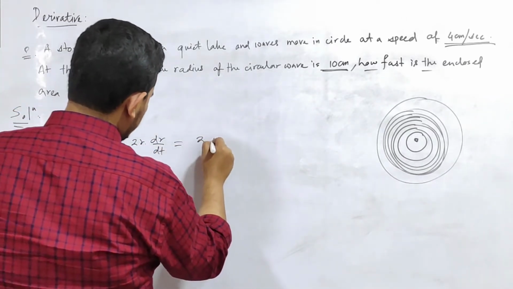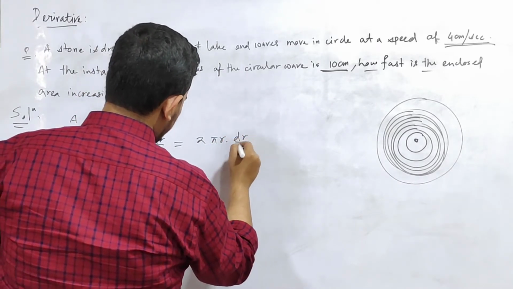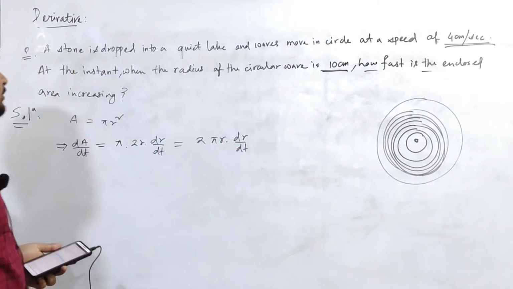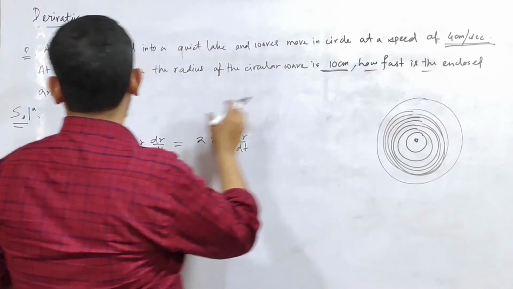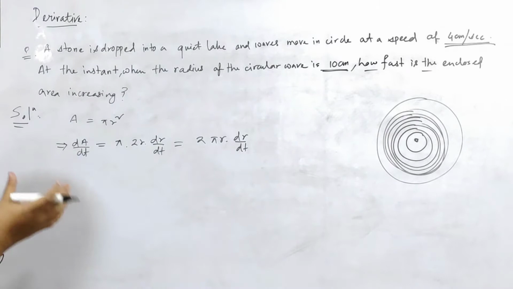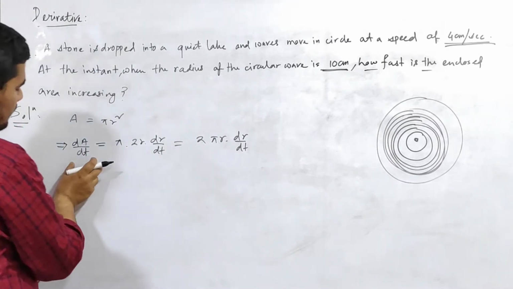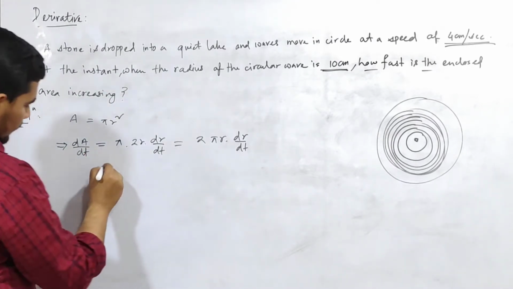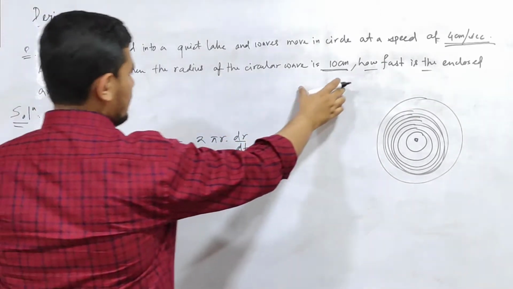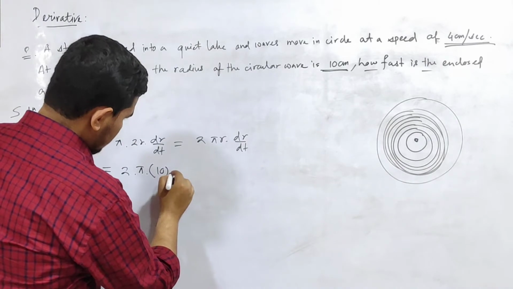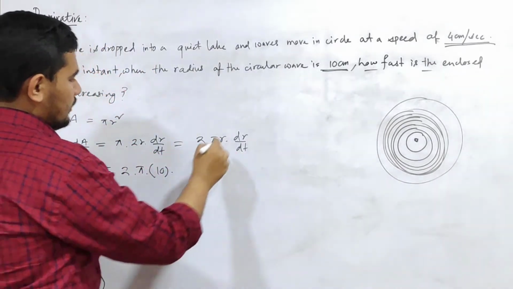So we will get 2 pi r dr by dt. Now we are given how fast the area is increasing. The area is increasing with respect to time, so we need to find dA by dt, which will be equal to 2 pi r, here r is 10 centimeter, so 10 into dr by dt.